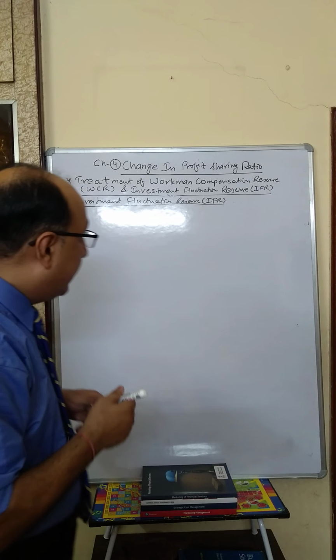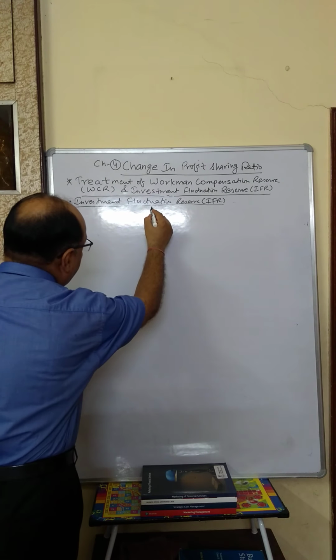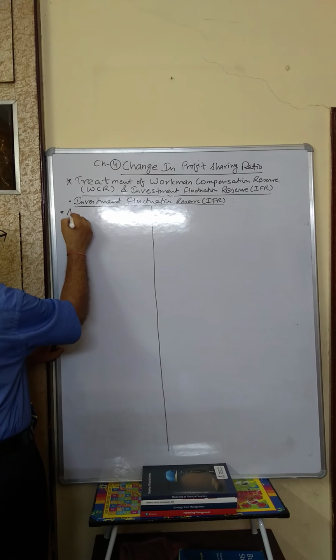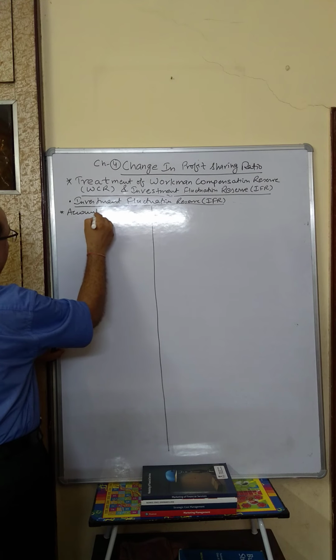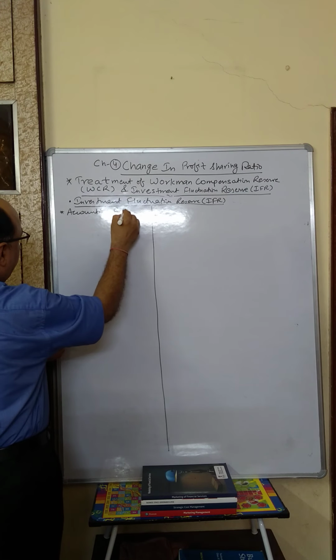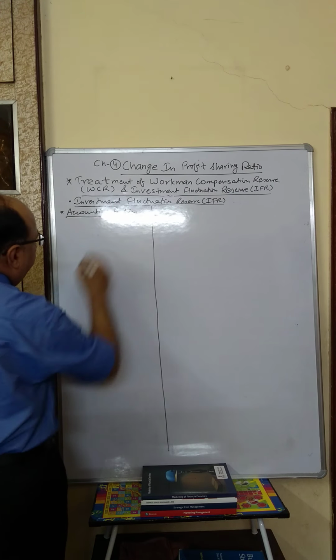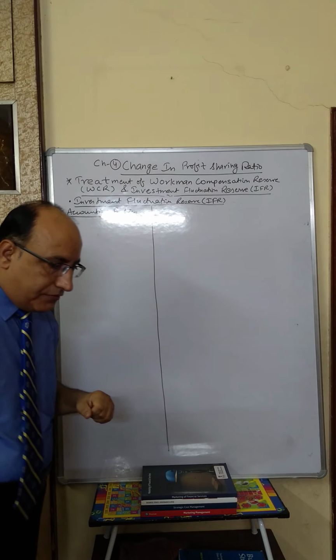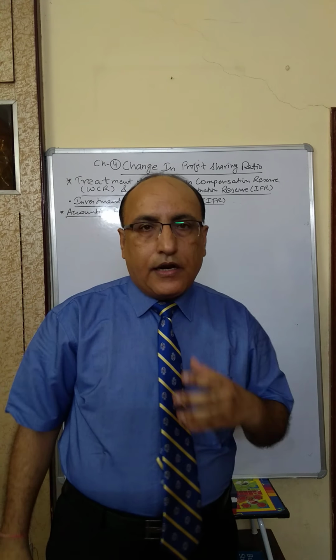So let me write down the accounting entries, how we should proceed with that. Accounting entries or accounting treatment. Now, when we talk about IFR, investment fluctuation reserve, there are 2-3 possibilities.